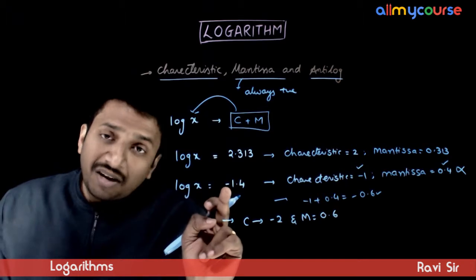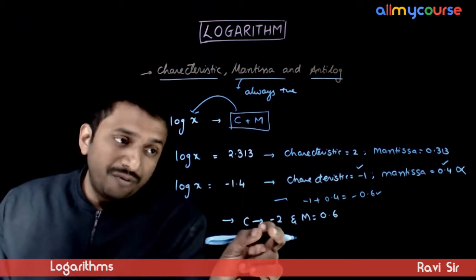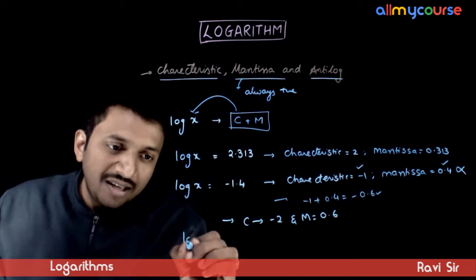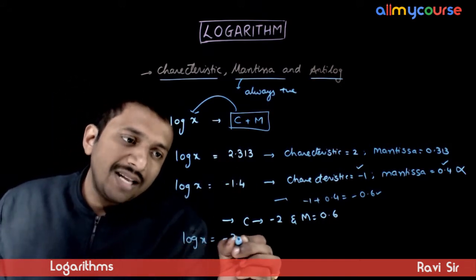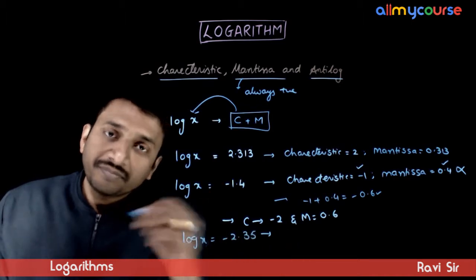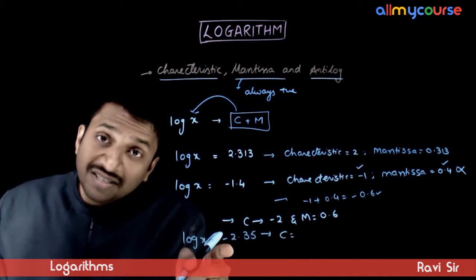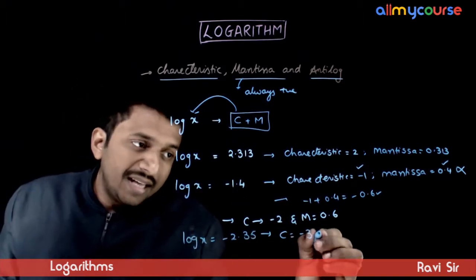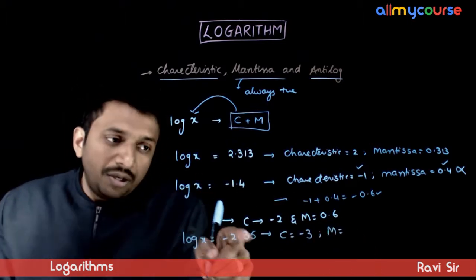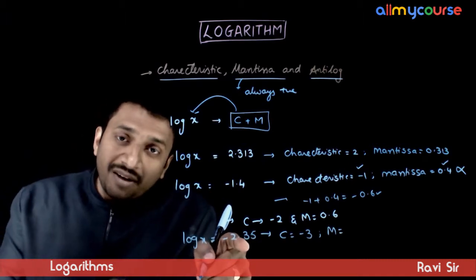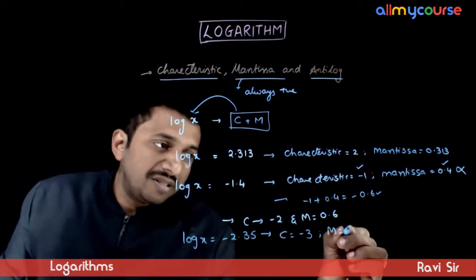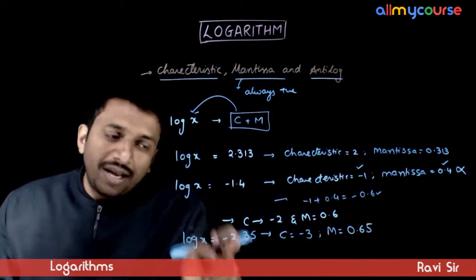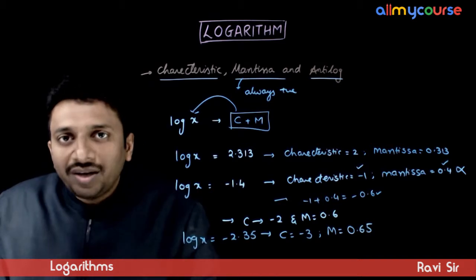So the characteristic of minus 1.4 is minus 2 and the Mantissa is 0.6. Similarly, if log x is equal to minus 2.35, the characteristic of this logarithm will be minus 3, not minus 2. And the Mantissa will be the complement of 0.35, that is 1 minus 0.35, which is 0.65. Once you add these two, you get the value minus 2.35.